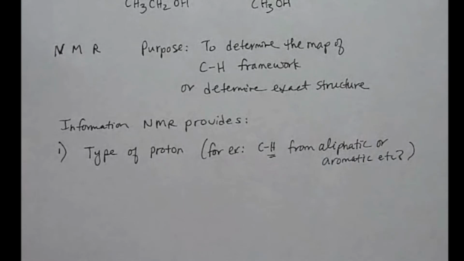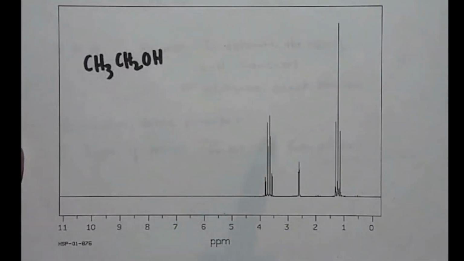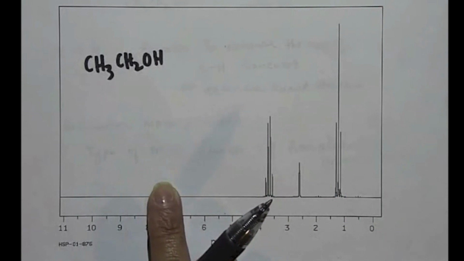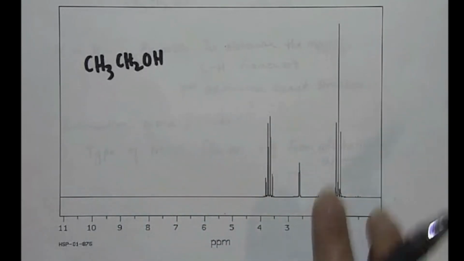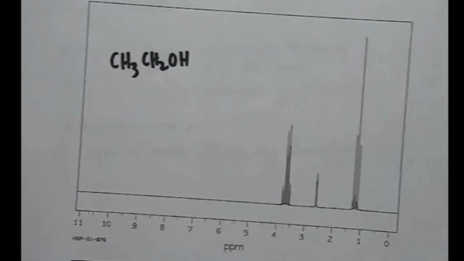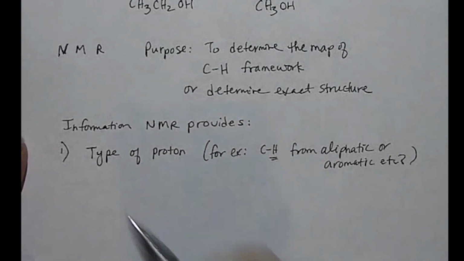We can determine this by looking at the proton NMR spectrum, and depending on where it shows up on this x-axis, we can type them in general. If something shows up in this region, we know what type that is. If it shows up in this region, we know what type it is. This is where the aliphatic shows up. This is where aromatic shows up, for example. So by knowing where things show up, you know what type of protons are present.